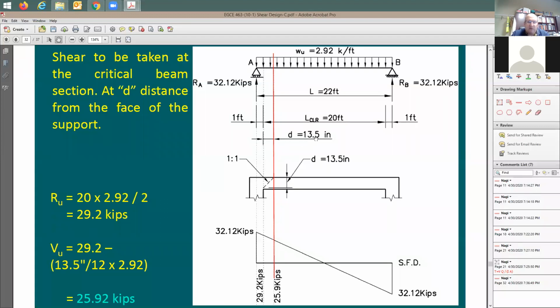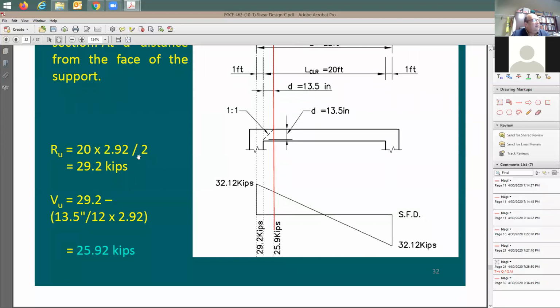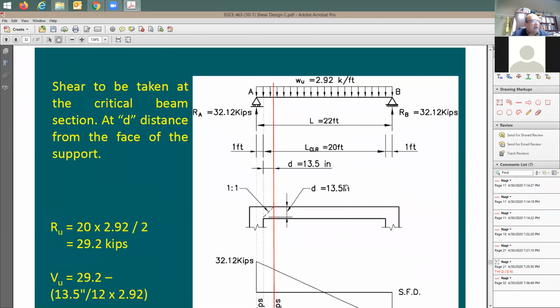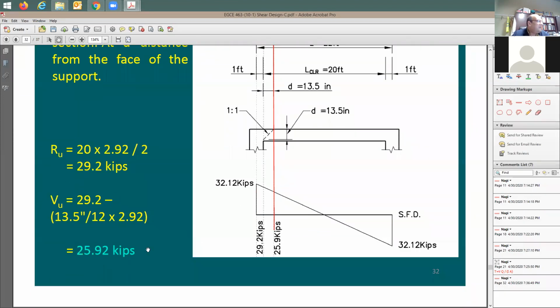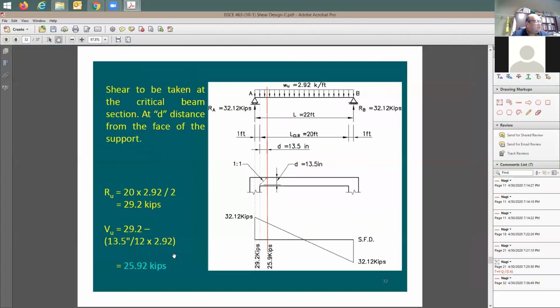You divide this by 12 to get feet. Then the shear demand at d distance away from face of support is equal to the shear at face of support, 29.2, subtracting this distance, 13.5 divided by 12, multiplied by the uniform load 2.92. So in this slide, I was able to find the shear demand at d distance away from face of support.